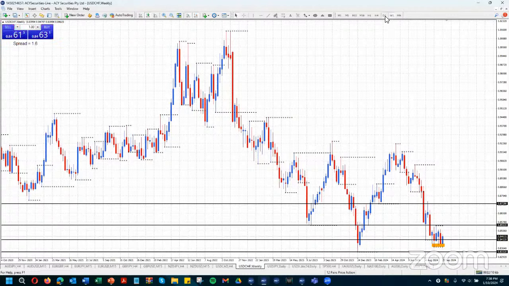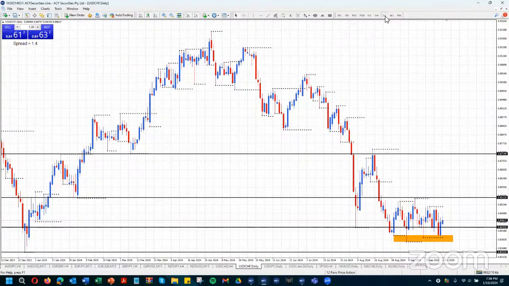And as I've been saying on the daily chart, we're very sideways, consolidating at very historical low levels, which may be suggestive of a move up, like I've been saying on the dollar index. And that orange area is the area I've been painting out as where support is, and you could have gotten long down there last week in this sideways price action. So it's very sideways, very low down in price.